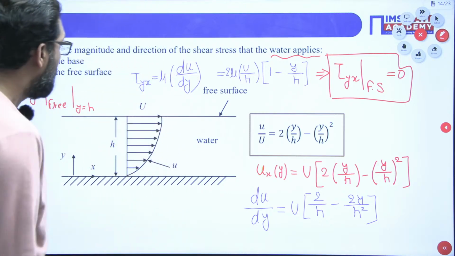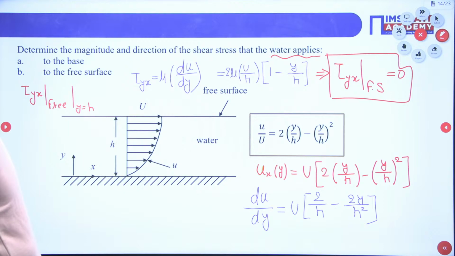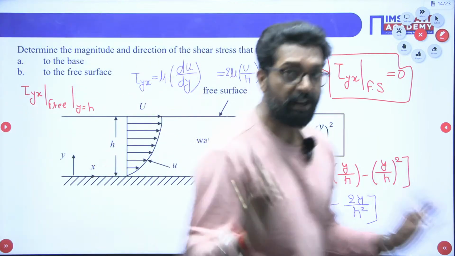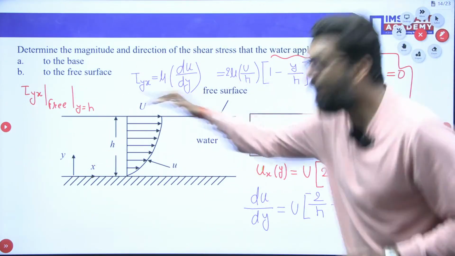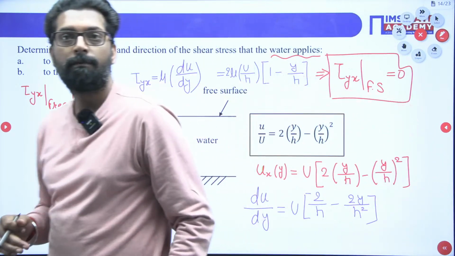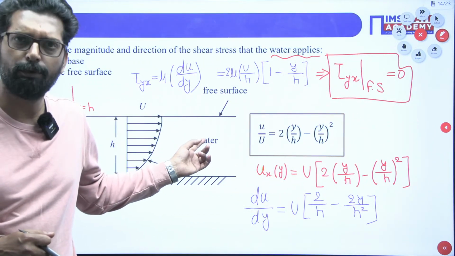That means what is the consequence of the free surface? The consequence of the free surface is that there is no tangential force. That is the consequence of the free surface and it is proved.